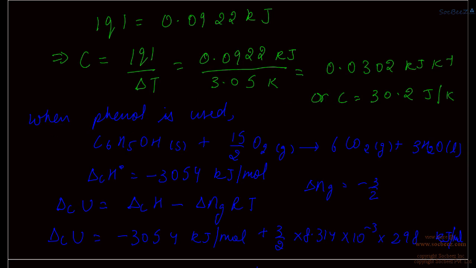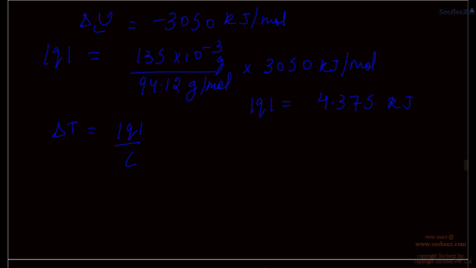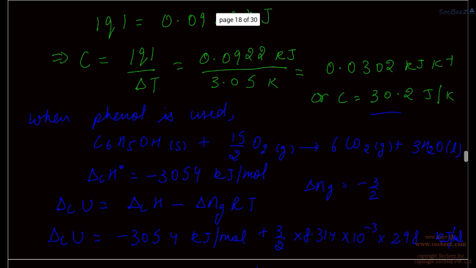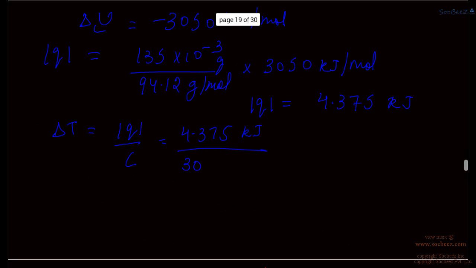Now the value of C that we calculated was 30.2 joule per Kelvin, or 0.0302 kilojoule per Kelvin. So the value of delta T is 4.375 kilojoule upon 0.0302 kilojoule per Kelvin.